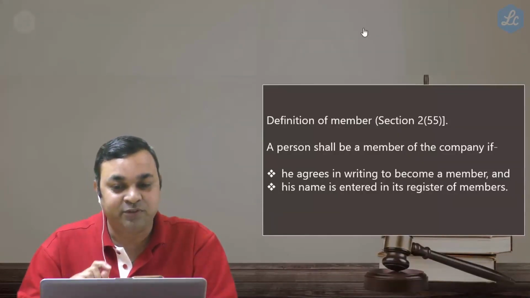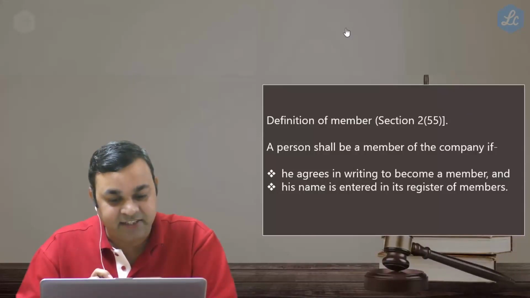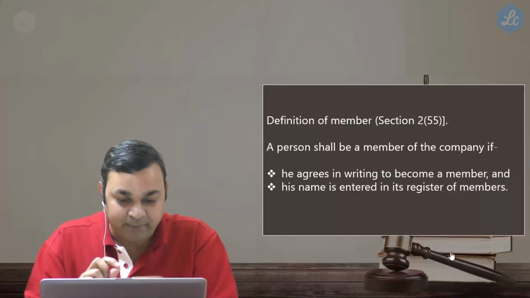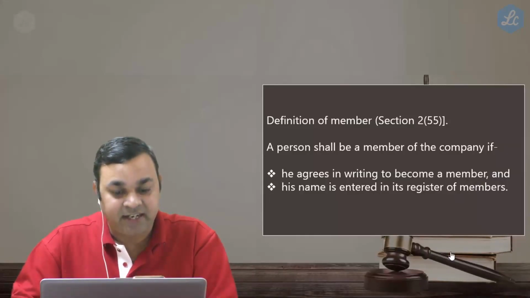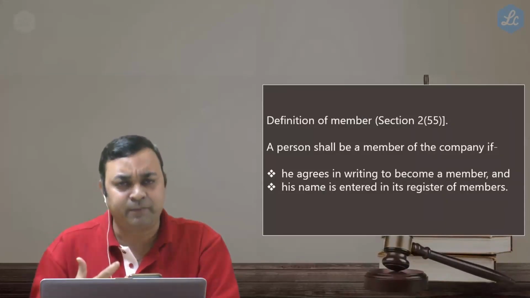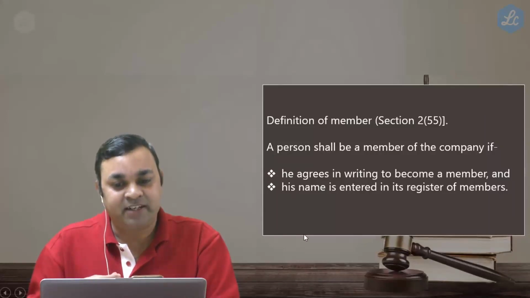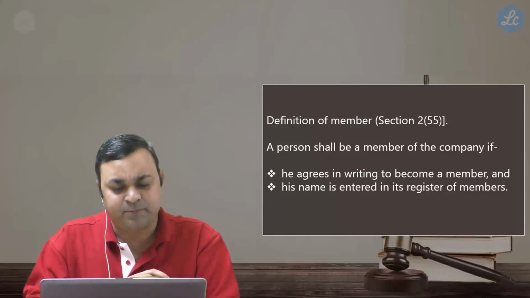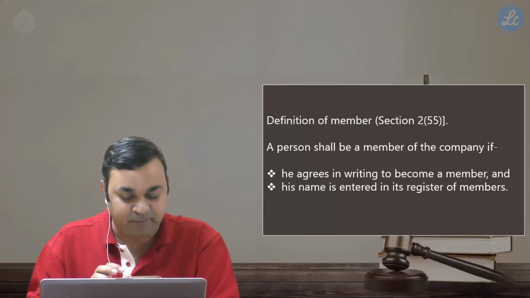The person who is going to apply to the NCLT to claim relief under the section should be a member of the company, and his name should be entered in the register of members of the company. Now, what is the register of members? It is a register maintained by a company, either a private company or a public company.